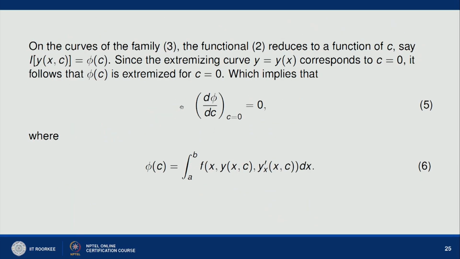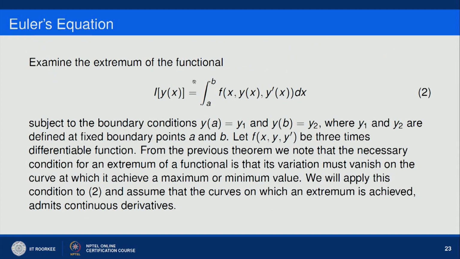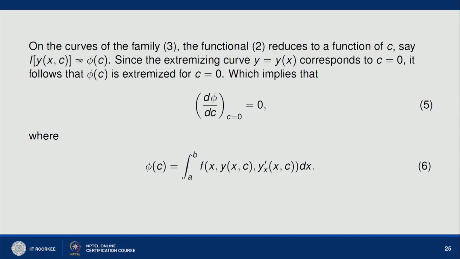So now if we use this as comparison function and find the functional on this y(x, c), then this functional becomes a function in terms of c. So we can say that on the curves of the family 3, the functional 2 reduces to a function of c.